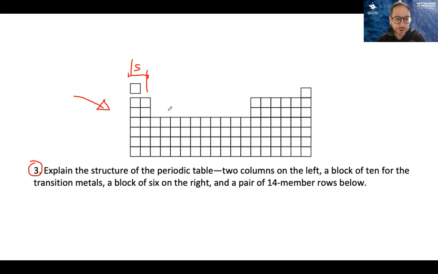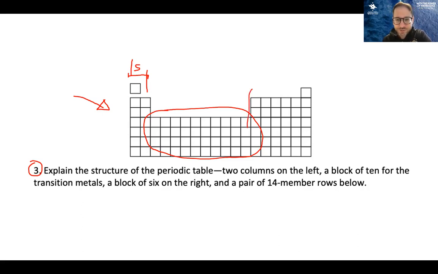The block of 10 for the transition metals, these are the elements of the D block. Their features are this and this and this, and then their valence shell configuration is this and this and this, and they are organized like this because they have 1, 2, 3, 4, etc. electrons in their valence shells.